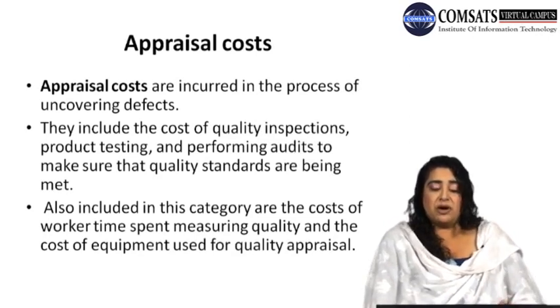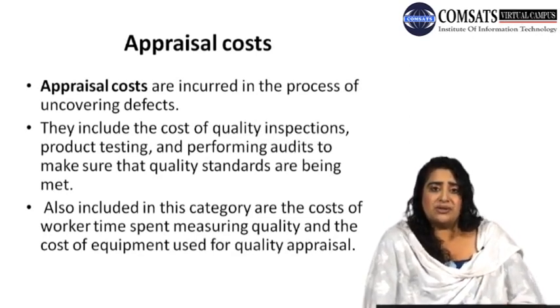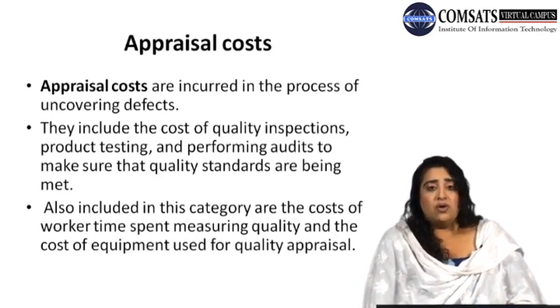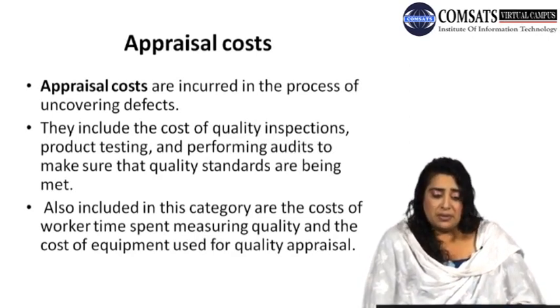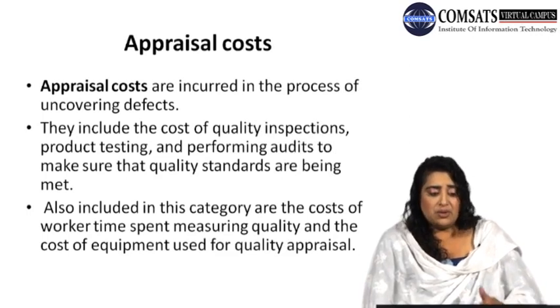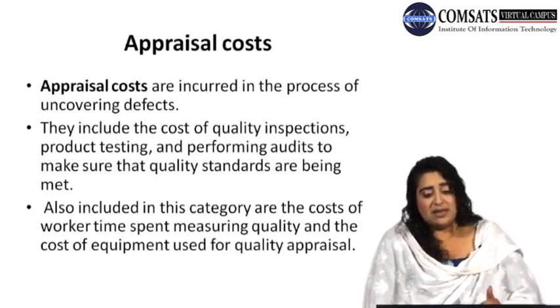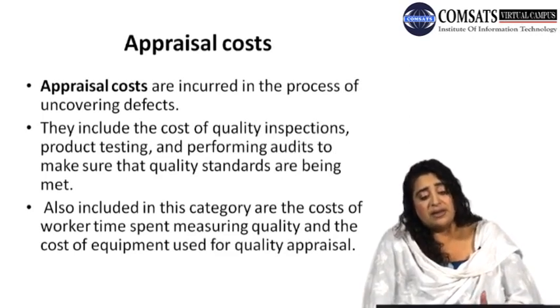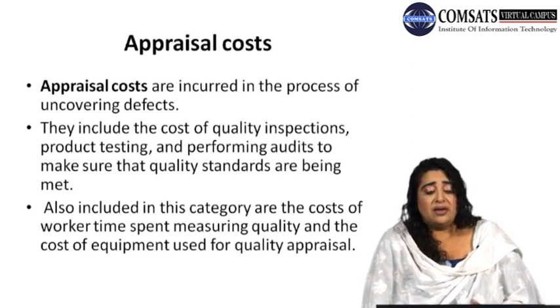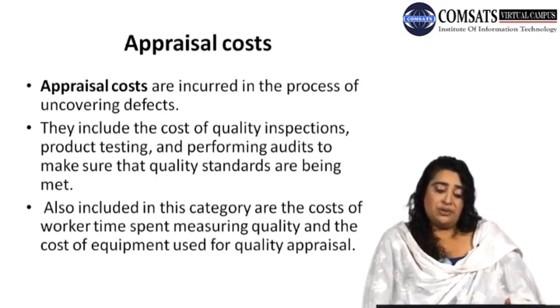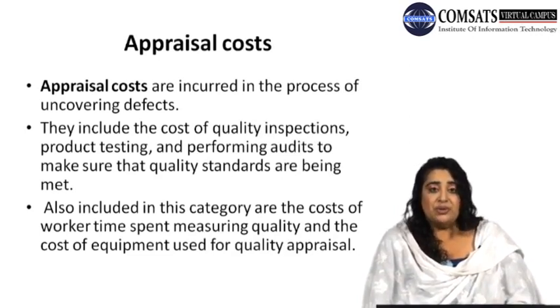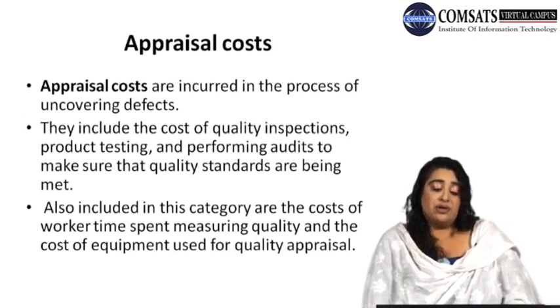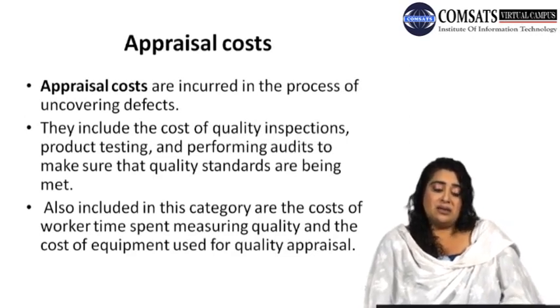So if we're manufacturing a product, then we would be testing that product also to see if it's durable or if it would be accepted by the customer. So product testing उसमें आ जाती है, उसमें quality inspections आ जाती हैं और उसमें audits आ जाते हैं जिसमें आप यानी quality of standards जो है वो आप देख सकते हो कि वो meet हो रही हैं या नहीं. Now also included in this category are the costs of worker time spent measuring quality and the cost of equipment used for quality appraisal.